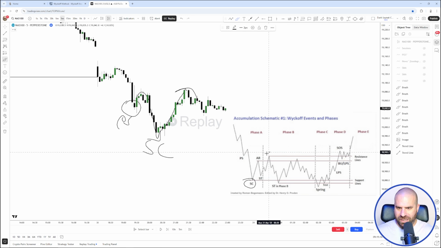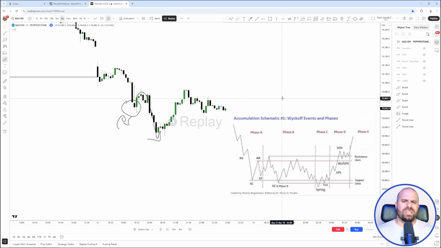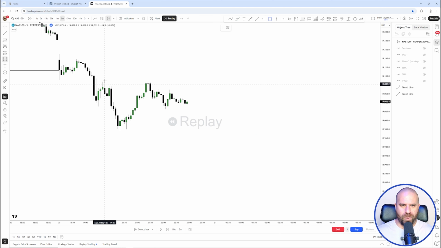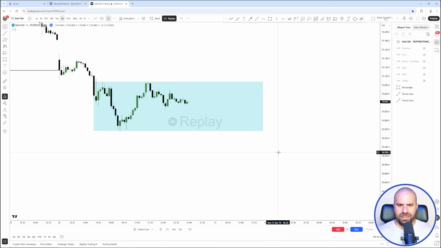Then price breaks above, which this could be the automatic rally, a small retracement, and then this move could be this move. Okay, you need to see something similar. Don't overanalyze it. I can even place everything inside a box right here, guys.